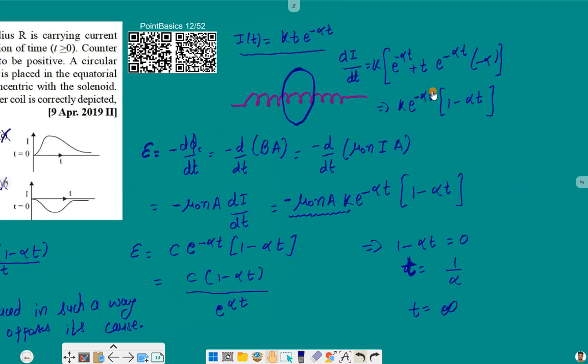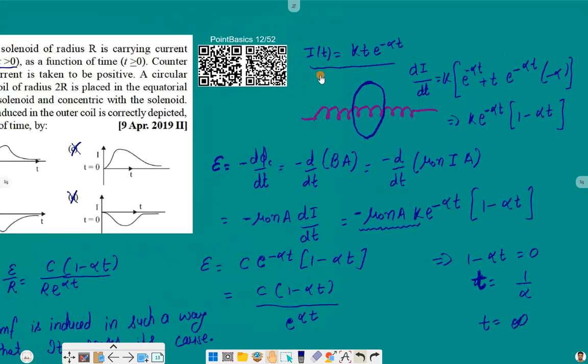For that, we have to find its first derivative, and then the second derivative, and then analyze whether the current is increasing or decreasing. Regarding the first derivative, we have already solved it, so let me copy this. Now we have to use the second derivative.